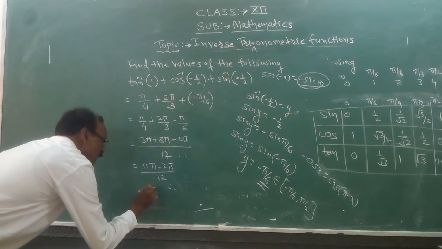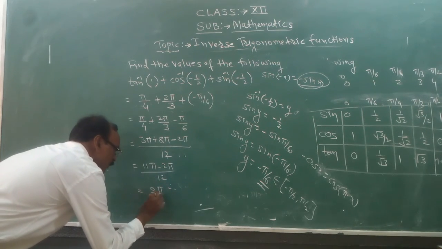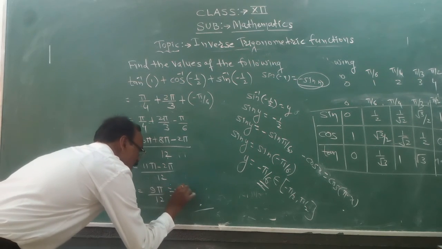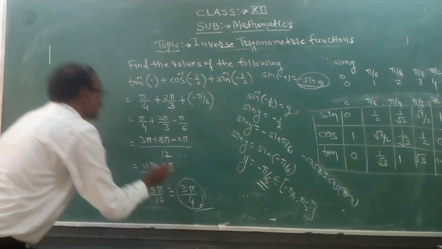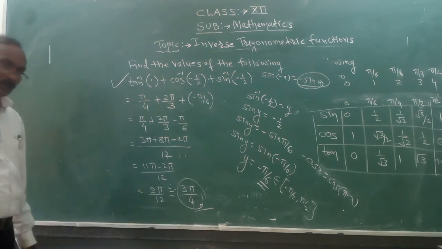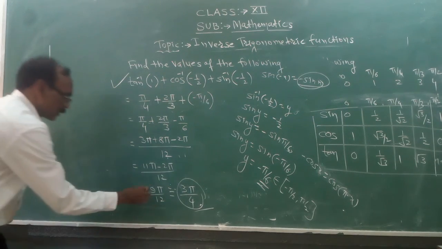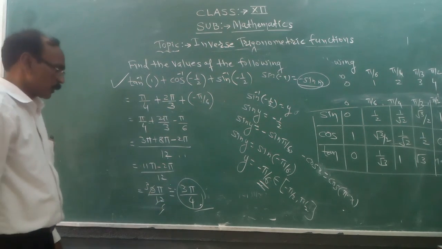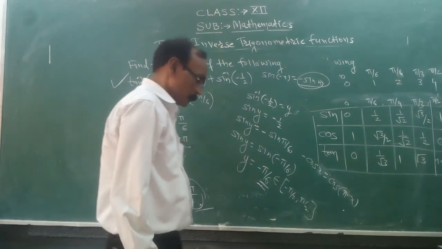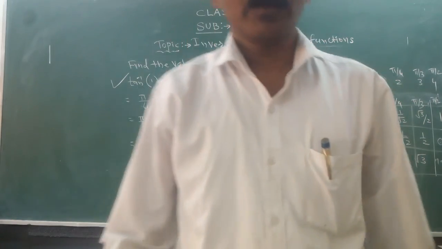So that is 9 pi by 12, that is 3 pi by 4. This is the answer: 3 pi by 4. Okay. So the rest of the examples, students, you try yourself. Thank you.